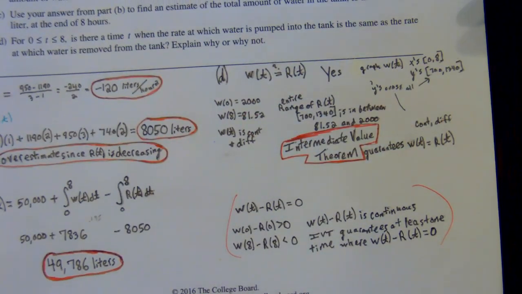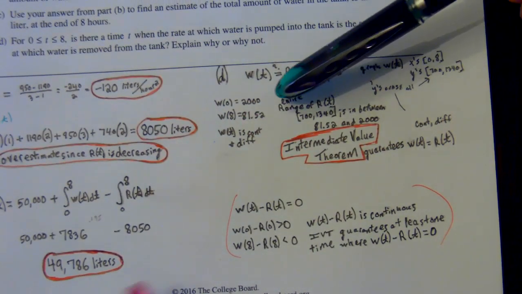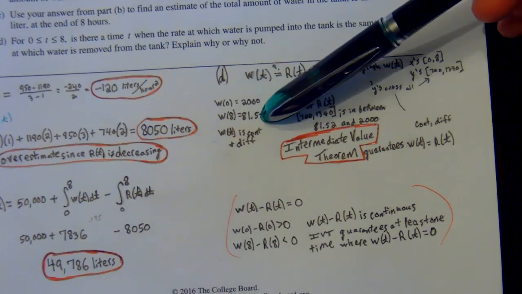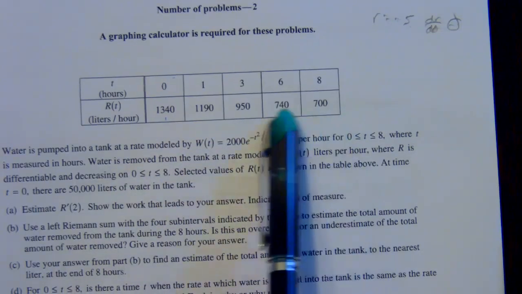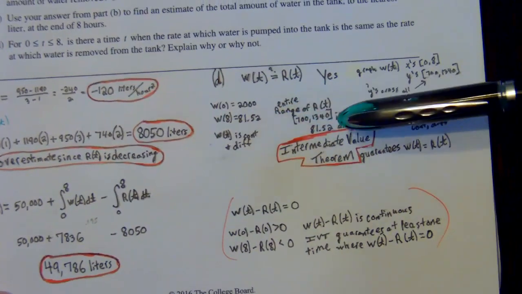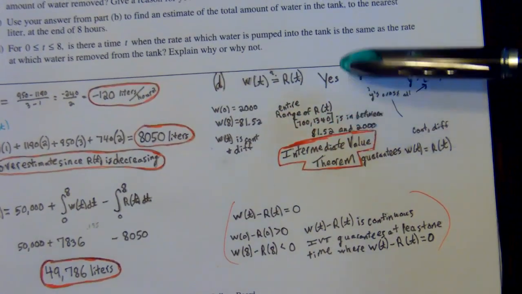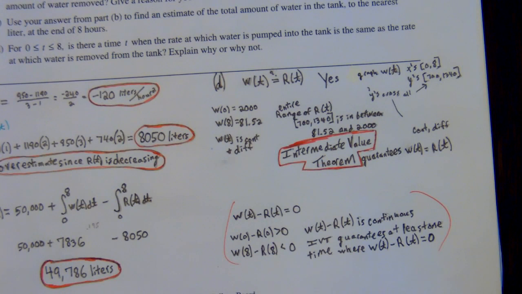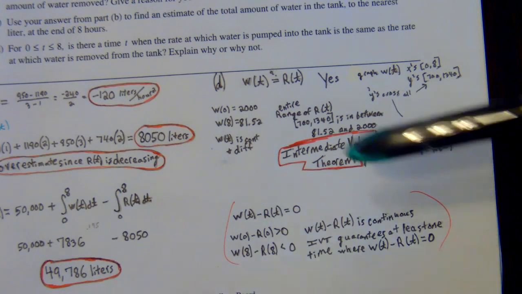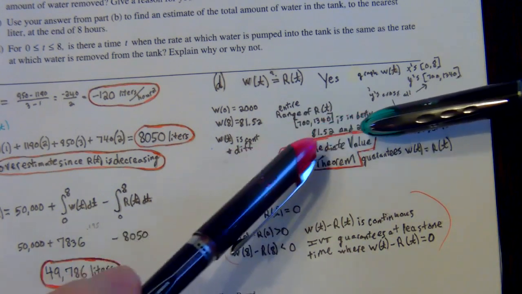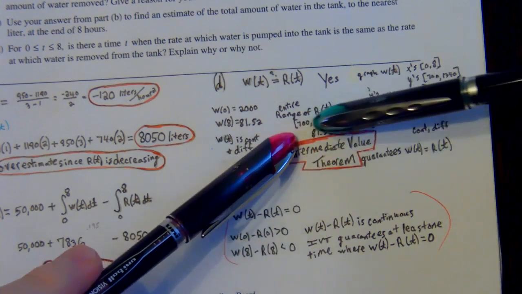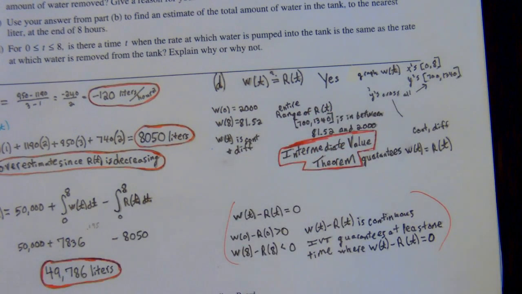Then I noticed that if my W graph was going between 81 and 2000, and the chart numbers went from 700 as a min to 1340 as a max, then that entire range of R was in between the 81 and the 2000, which means they have to cross and be equal to each other at some point. When you're going from 81 to 2000, you're going to hit all those values, so at some point they're both going to be 800, or both 1200, and so on. They're going to have to be equal to each other.